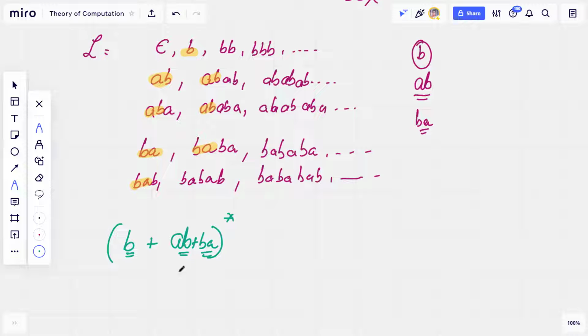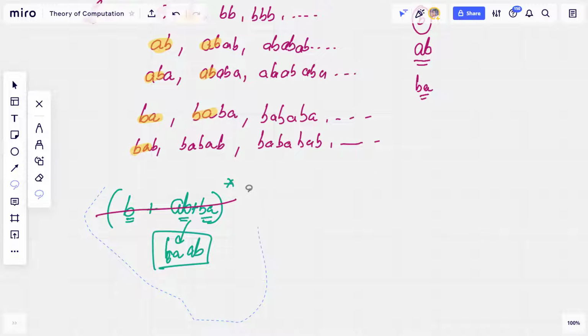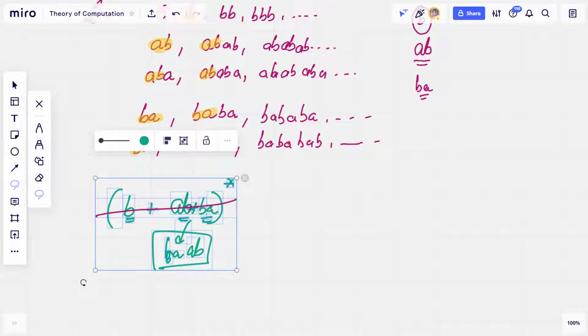But this is wrong. Why? Because according to this, first you will write, let's say, BA, and then if you write AB, it will give a string BAB. So it won't be a right string. I'll keep it on the side so you know this is not the right answer, because you might feel it is.